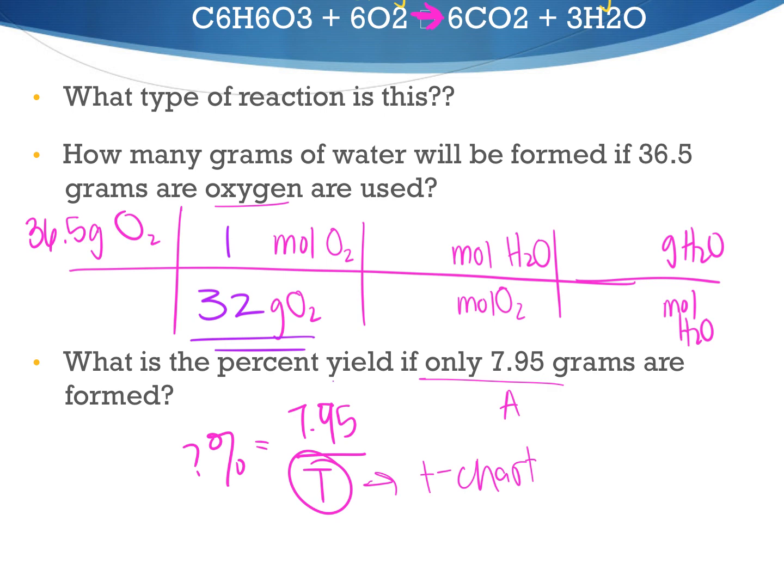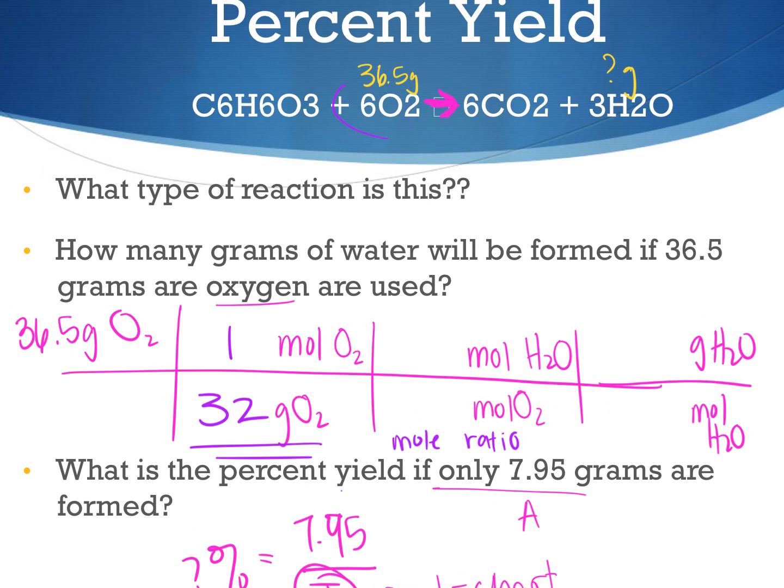All right, let's keep going. This is our mole ratio step. And what numbers do we get to put in there? They come from our... Yep, we want 3 for H2O and 6 for O2. They come from our reaction, right? Those are the coefficients from our reaction.